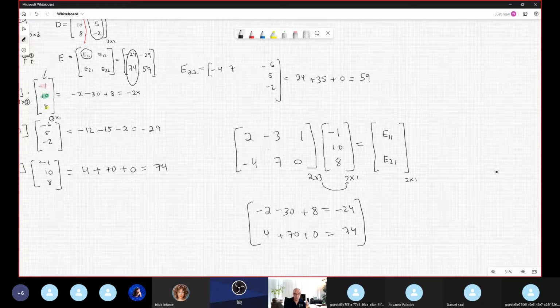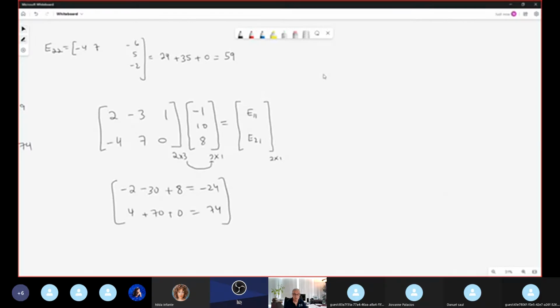But another possibility is to make a partition of the first matrix by row. It's another way. I suppose it's not strictly necessary to illustrate this. Oh, why not? Let's do it at least. I only finished the first column. Another possibility, I want to illustrate the different options. Suppose that you take in the first matrix only the first row, and you multiply by the entire second matrix.